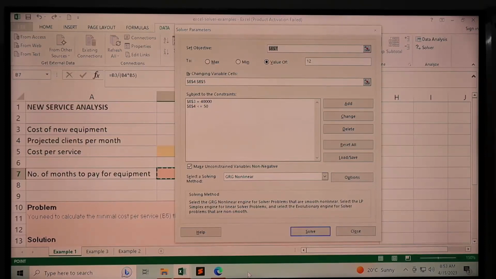It cannot take too long. Then when Solver has finished processing, it will display the Solver Results, where you select to keep the Solver solution in case you want to keep it, or restore the original values.